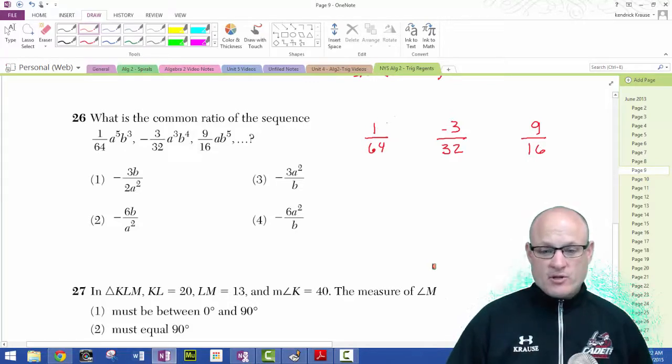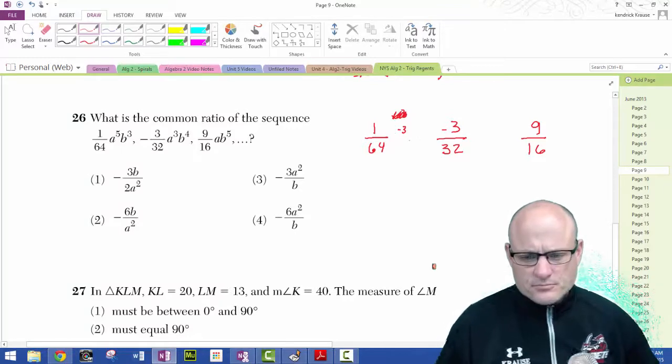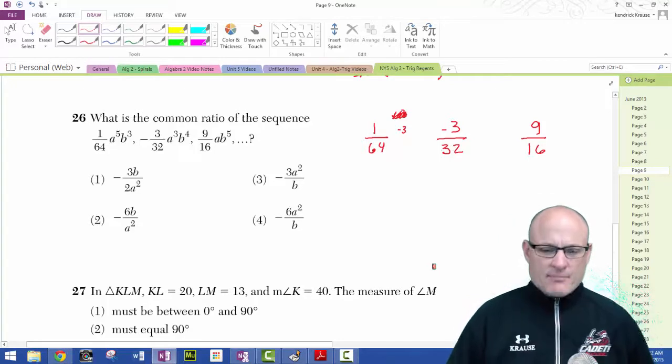Well, let's see. If I multiply this by negative 3, I can't multiply by negative 3 because that would give me negative 3 over 64. That's not going to work. I need to divide that by 2.